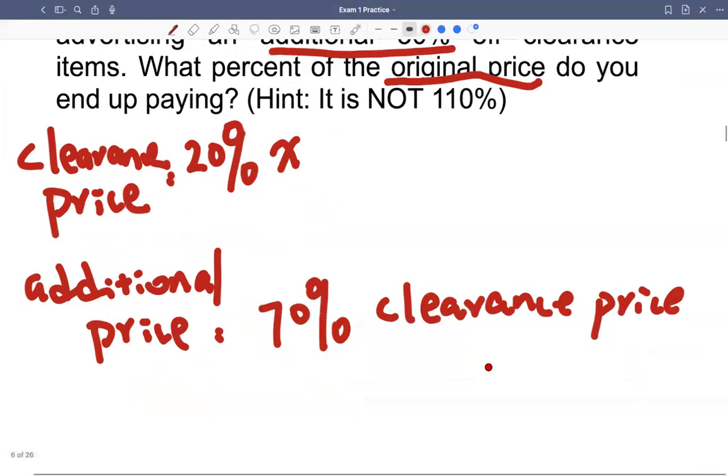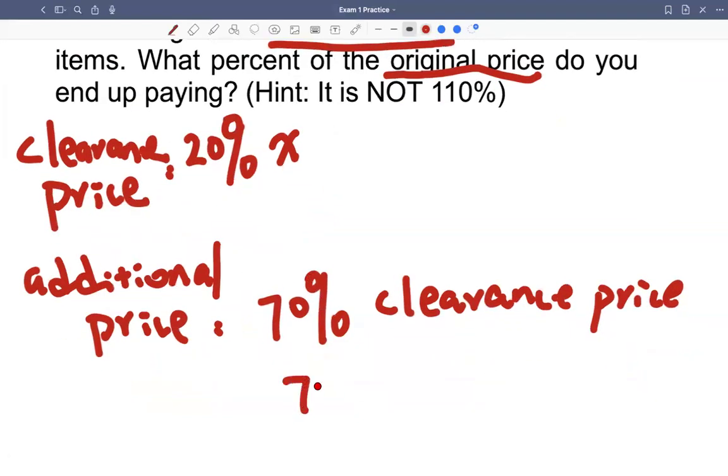Well, what is the clearance price? It's 20% of the original price.